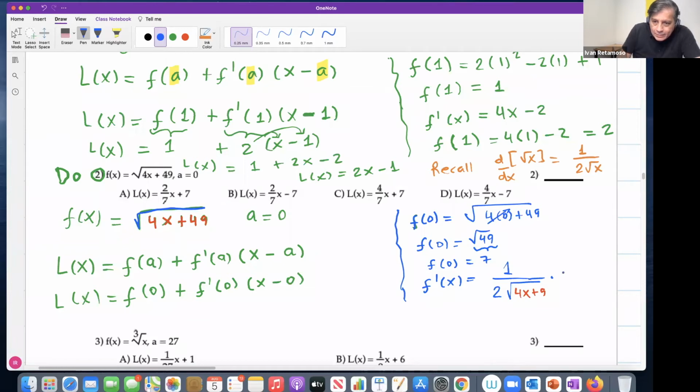Derivative of this constant is 0, so it's just 4, right? 4 times 4. Now, I want this not in general, but evaluated at 0. So let's take advantage of that. Look, 4 times 1 is 4. There's a 2 here. 4 times 0 plus 9. 4 times 0 is 0. I'm left with this guy. 2 into 4, 2 divided by the square root of 9, right? But this is just 2 over 3 because the square root of 9 is just 3, right? 3.